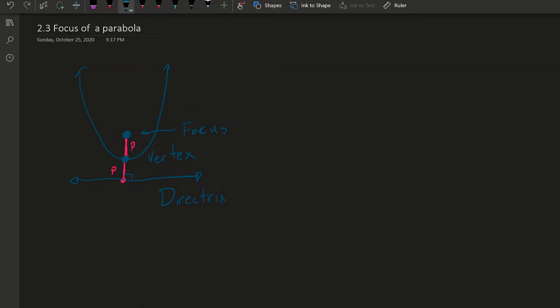The interesting thing about the directrix is that if I pick any point on the parabola and go straight down, I will get a distance. That distance on a parabola will always be the same from this point to the directrix as that same point to the focus. So these two will always be the same.